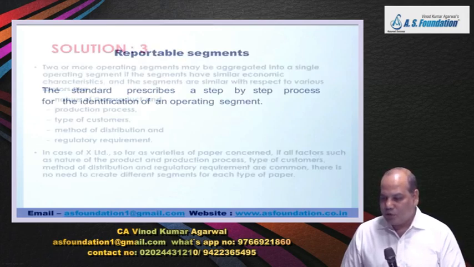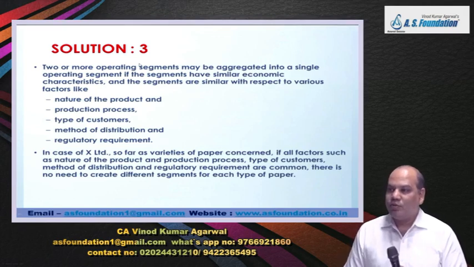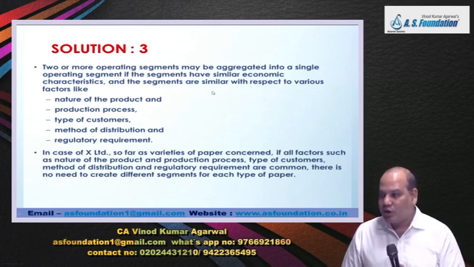Okay. So while writing the answer in the exam, what they are trying to check is your ability to write those aggregation criteria. And if these aggregation criteria are similar, then we can club them as one segment only. Two or more operating segments may be aggregated into a single operating segment if the segments have similar economic characteristics and the segments are similar with respect to other factors like nature of product, production process, type of customer, distribution method, and regulatory requirement.